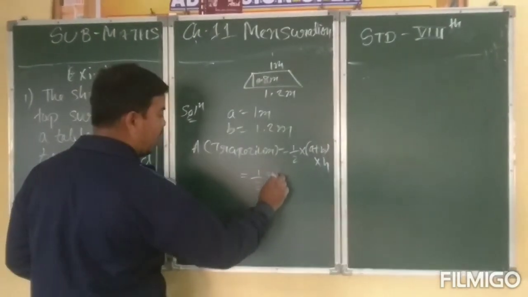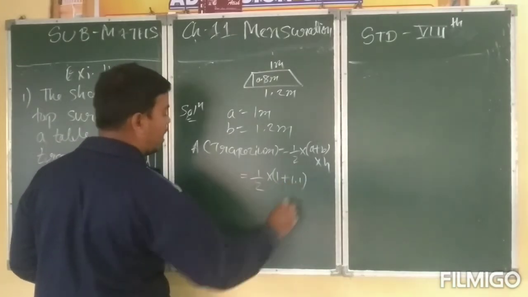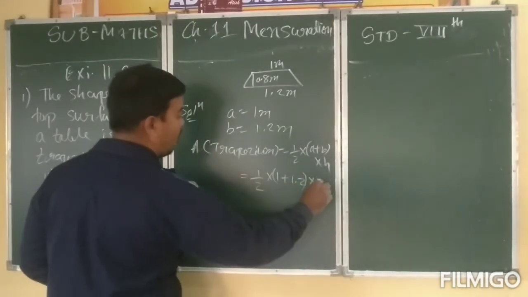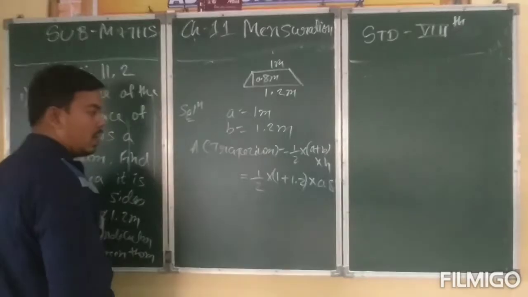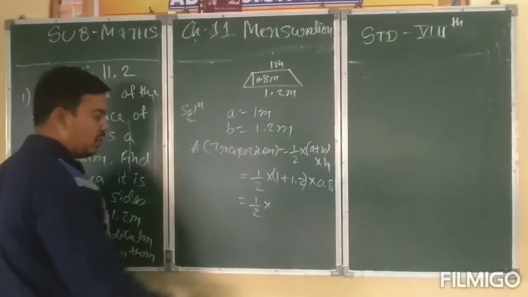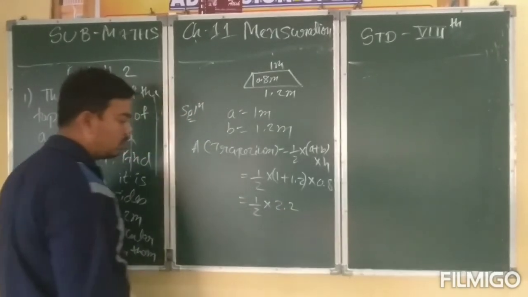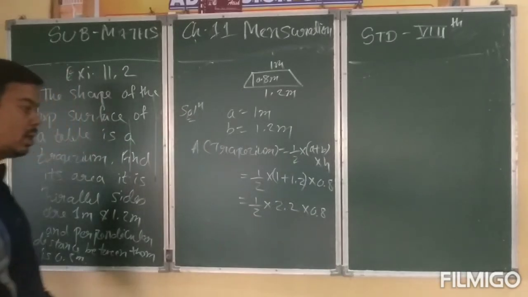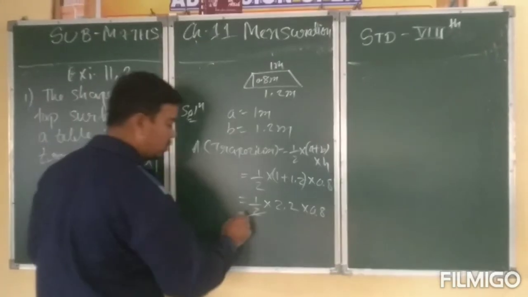So it is 1 plus 1.2, height is 0.8 is given. Half into 1 plus 1.2 is 2.2 into 0.8. Now do the cancellations.